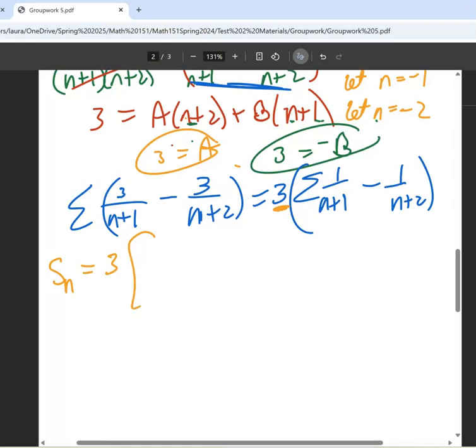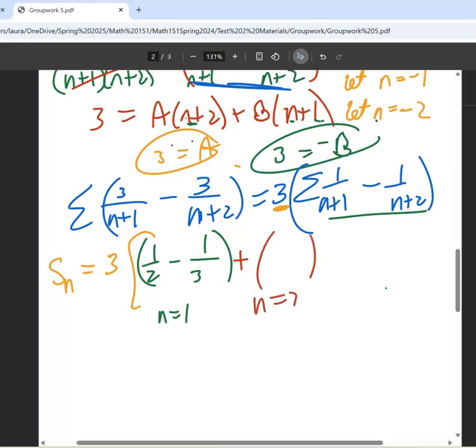And then when I plug in n equal 1, I get 1/2 minus 1/3. So that's n equal 1. I'm going to use different colors here just to make sure you see what I'm doing. Plus, now I'm going to plug in n equal 2. So I get 1/3 minus 1/4. Okay.